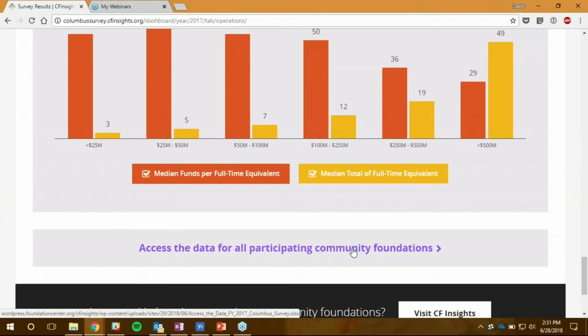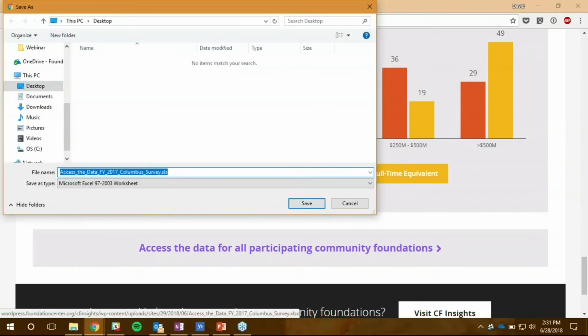That was just one too many steps for folks, so we changed it, and essentially all you have to do is click this link and it'll trigger a download of access to data, and you can see for all of our respondents of the Columbus survey what their assets, gifts, and grants were in fiscal year 2017.